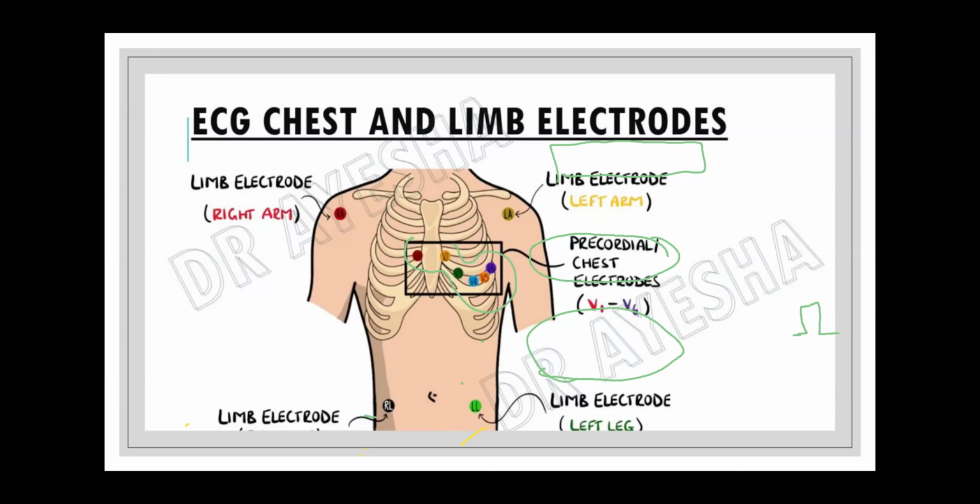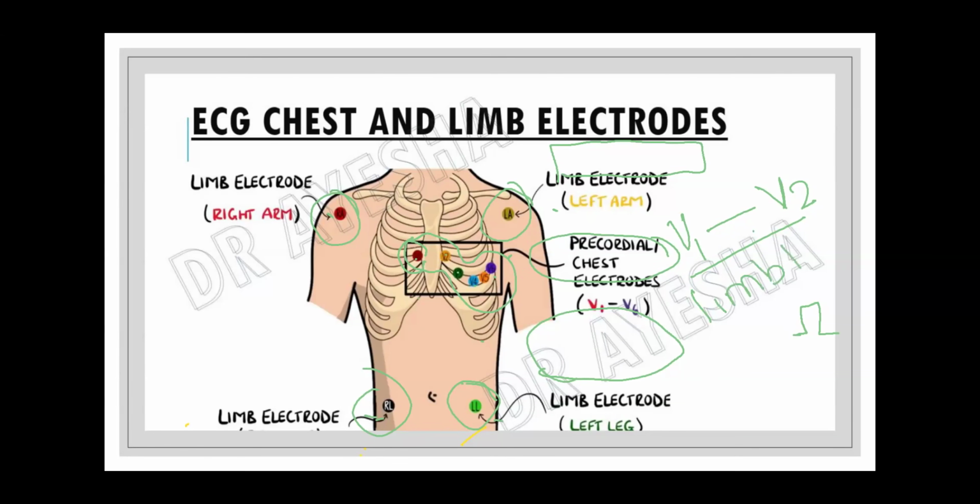V1 to V6, the 6 leads, are attached on your chest. V1 is on the right side, and from V2 to V6 it is on the left side. Those leads which are attached on your limbs are called limb leads.